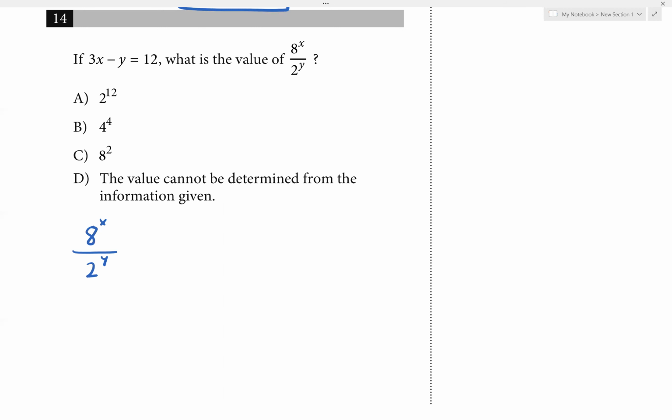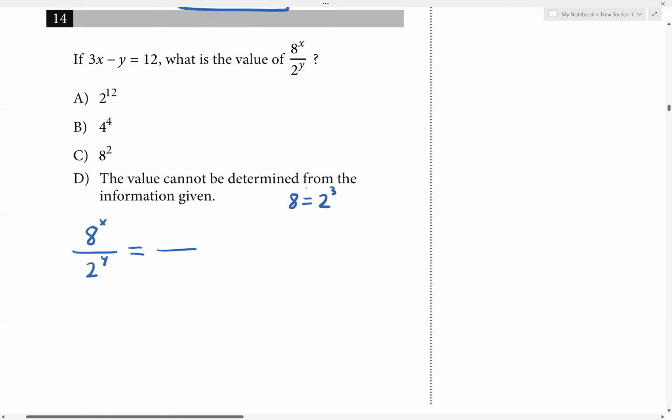So our first step to simplify this is to rewrite the top, so that we have the same base on top and bottom. The key is to recognize that 8 is equal to 2 to the third power.